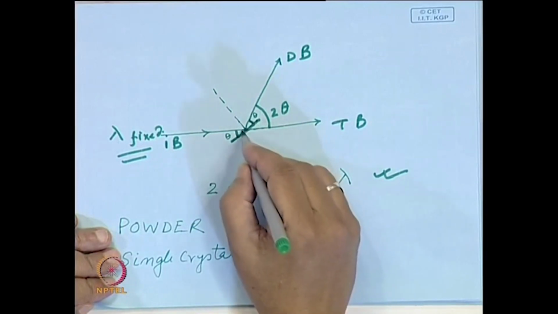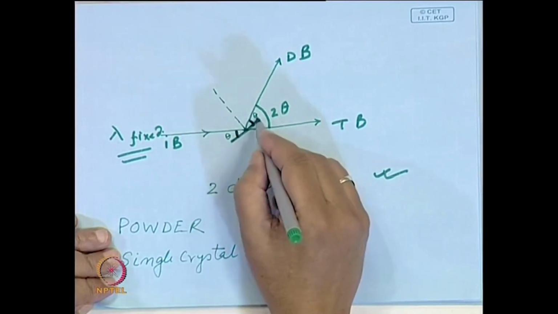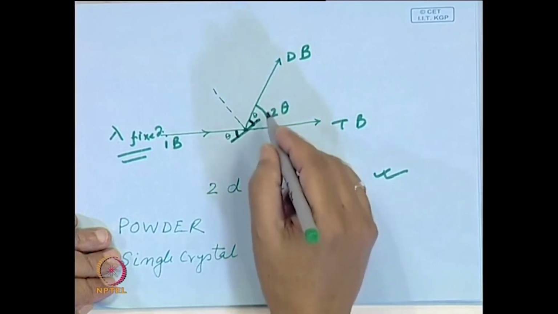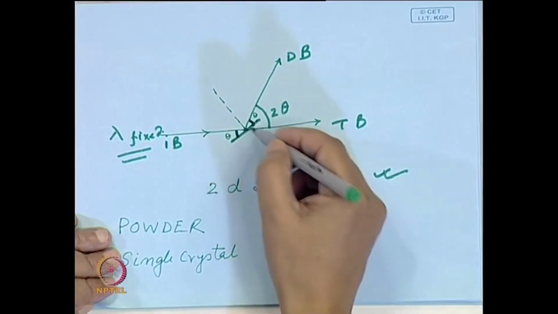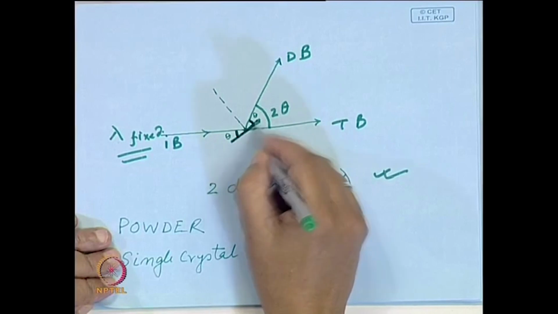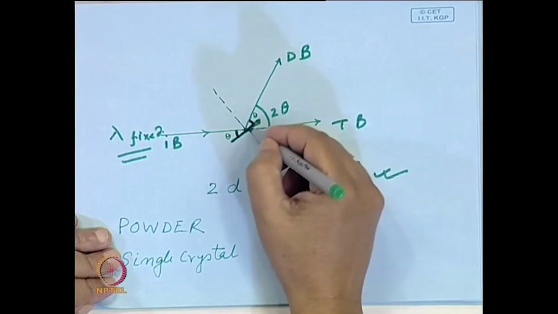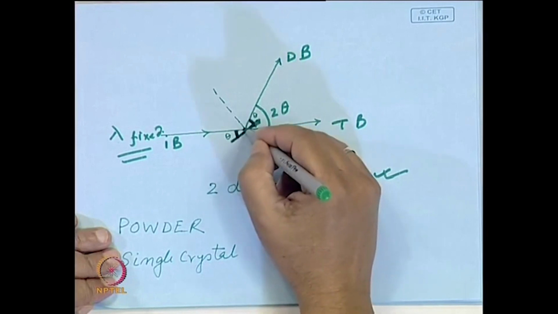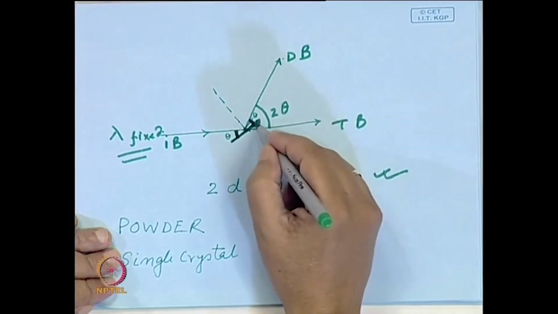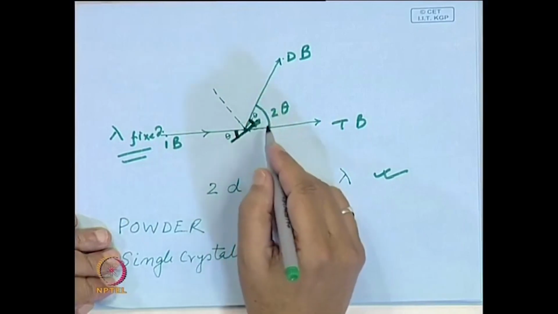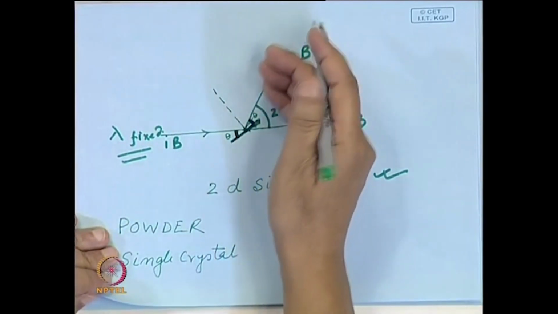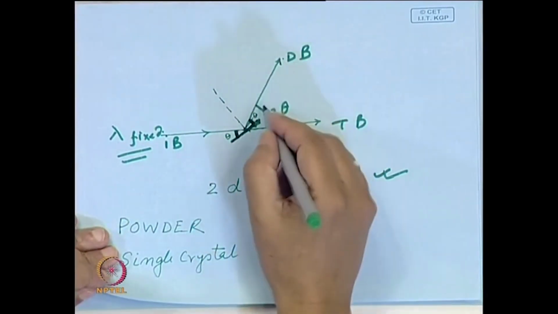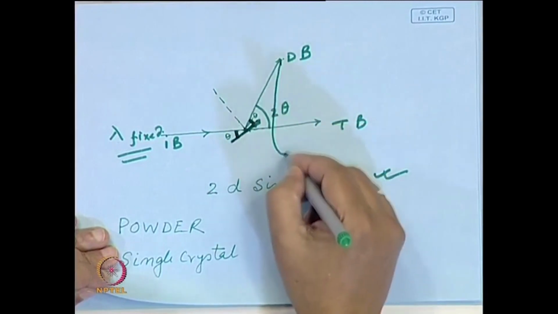If you have multiple crystals, some particular plane of a particular crystal will satisfy this, which can be visualized like this. You have several planes, and all planes which subtend an angle theta will give you a diffracted beam. If you have a very large number of crystals, the diffracted beam comes out in the form of a cone.